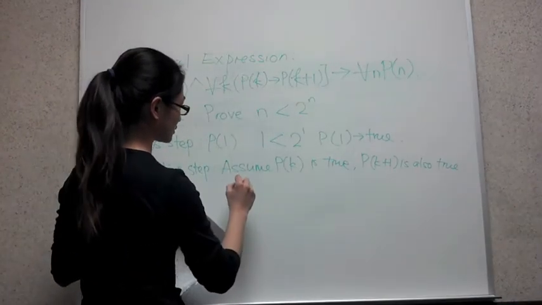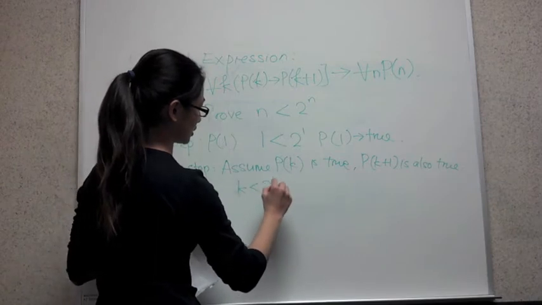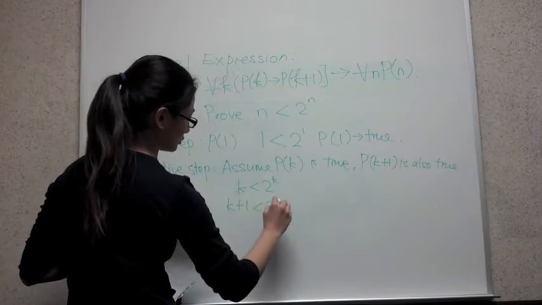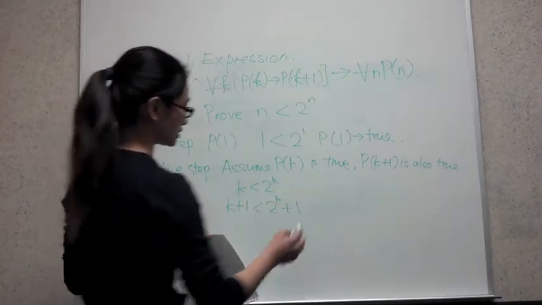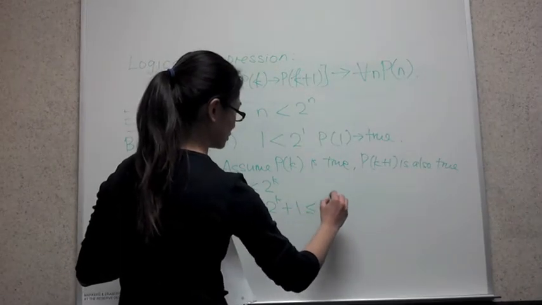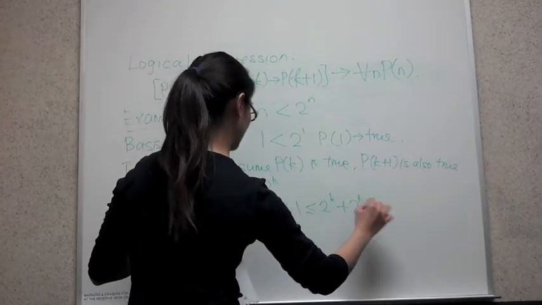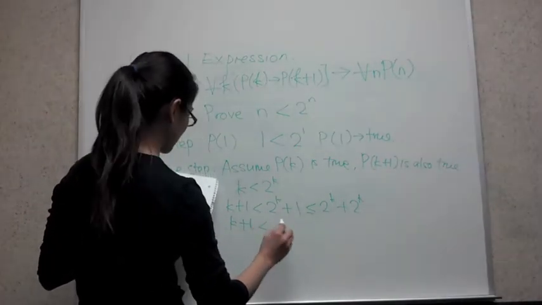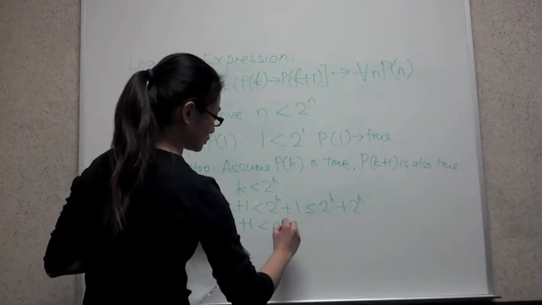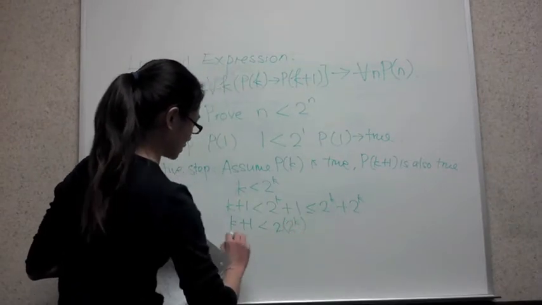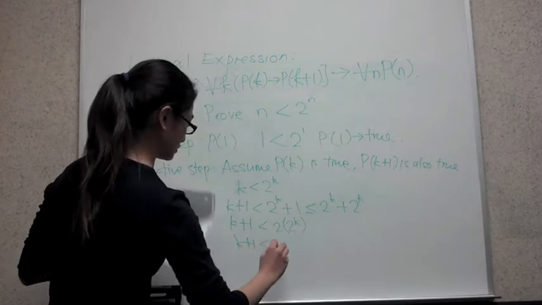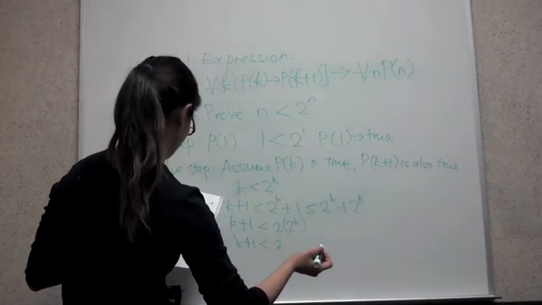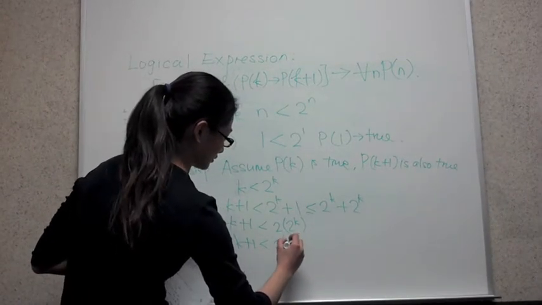So pk is true, so k is less than 2 to the k. And when we add 1 to both sides, we get k plus 1 is less than 2 to the k plus 1. And we know that this is less than or equal to 2 to the k plus 2 to the k. From here we can say that k plus 1 is less than 2 times 2 to the k, which is 2 to the power of k plus 1.